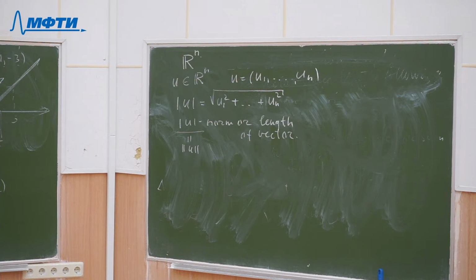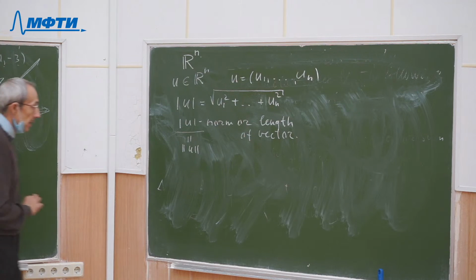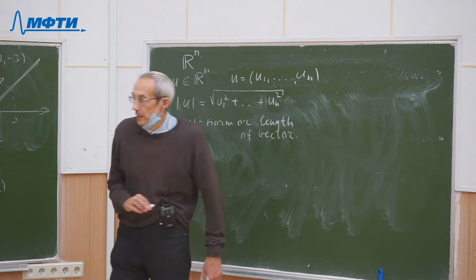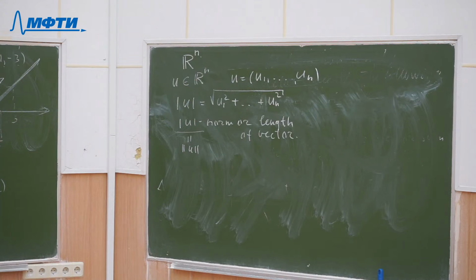We want to generalize some properties of the length of a vector, which is defined by this formula. We do not need to suppose that the length or norm is defined exactly by this formula.